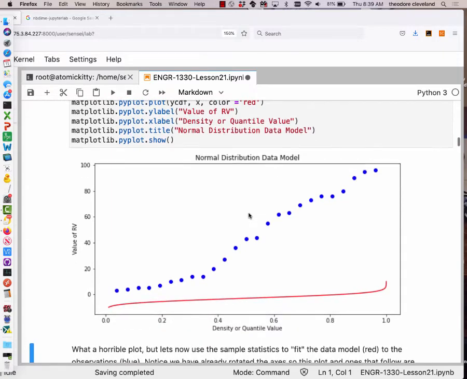We can't see much from that, although we can actually get a pretty good estimate of the median. The median is the 50th percentile, or the 0.5 quantile. So if we go up from 0.5 to where our eyeballs say our blue dot function is, and then read left, we're about 42.